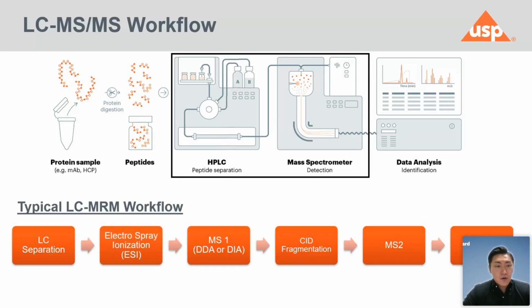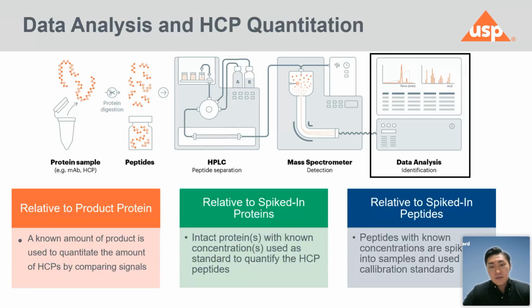So the typical LC-MRM workflow, which I'm going to describe here and we'll talk about later in this presentation, is first we have the LC separation, followed by electrospray ionization, and then typically this is followed by MS1, either DDA or DIA, and then followed by CID fragmentation, which goes into MS2, and then detection. And last part, but not least, is the data analysis portion, where we described in thorough details in the chapter, which we believe to be very important.